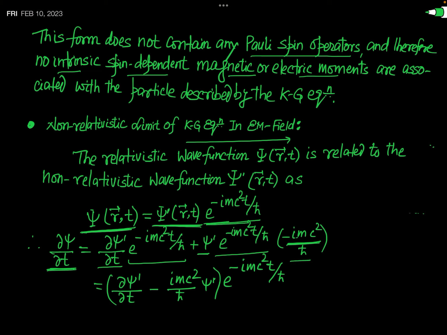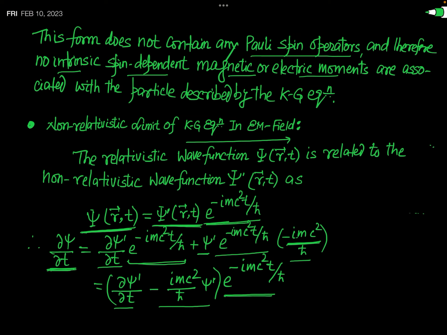Now the factor e to the power minus i m c squared t over h bar is common to both terms, so let us take it out as a common factor. This gives del psi by del t equals del psi prime by del t minus i m c squared over h bar times psi prime, times e to the power minus i m c squared t over h bar. This is the first order derivative of psi with respect to t.